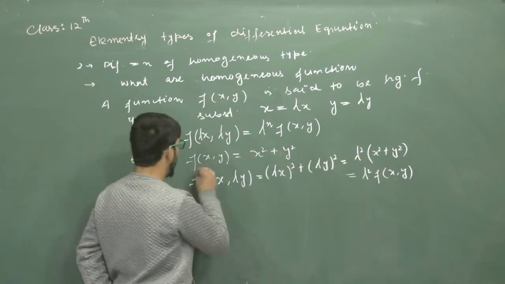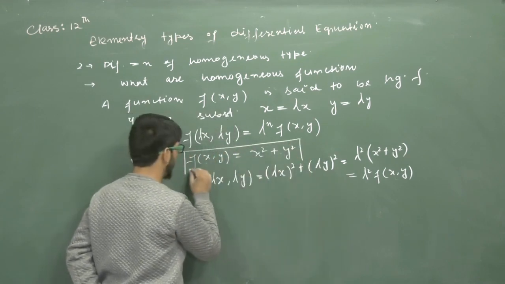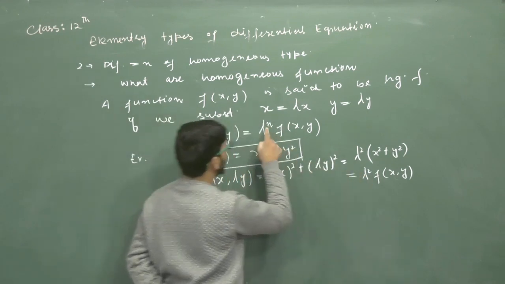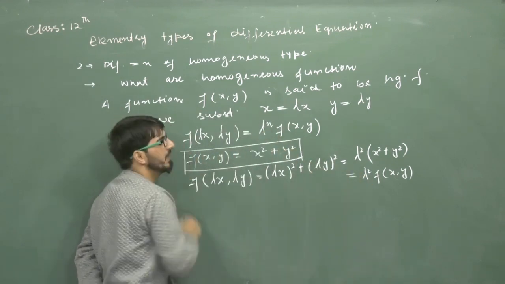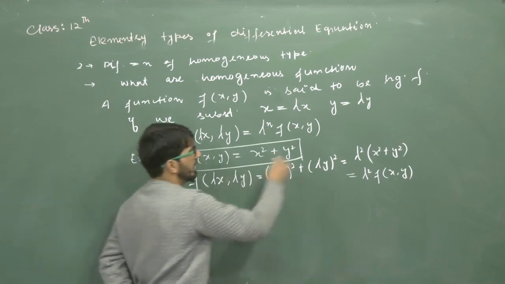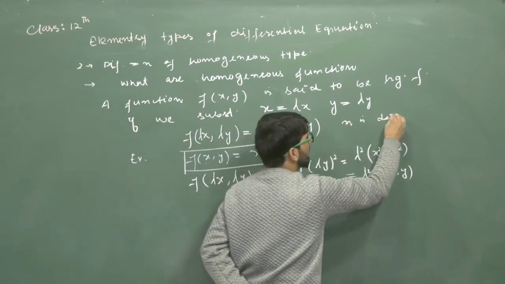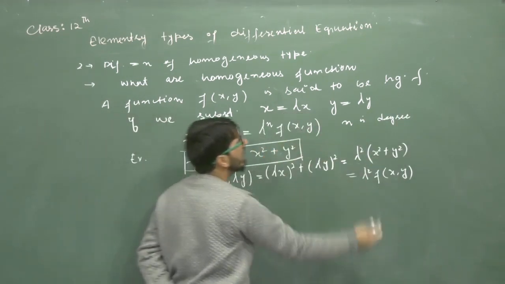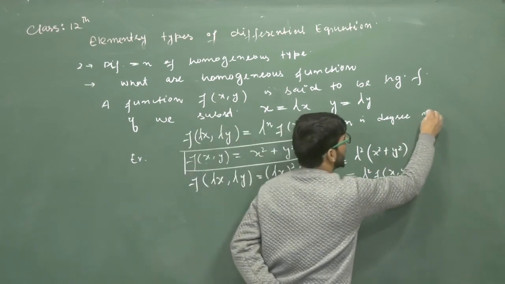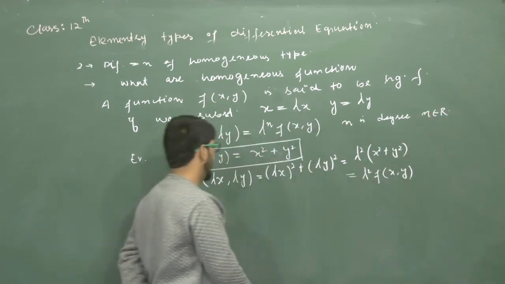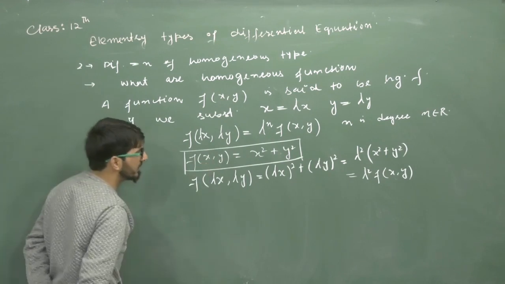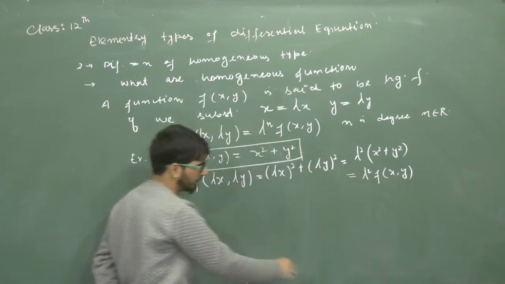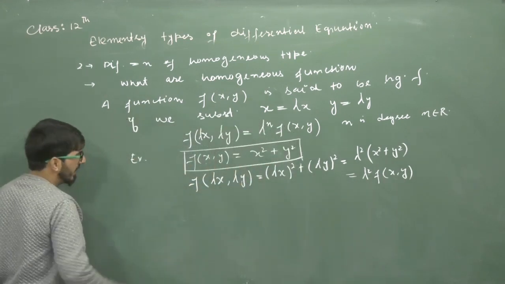Thus we can say this function is a homogeneous function, more particularly of degree 2, because here n is the degree of the homogeneous function, and this n may be any real number. Thus f of x comma y is equal to x square plus y square is a homogeneous function of degree 2.